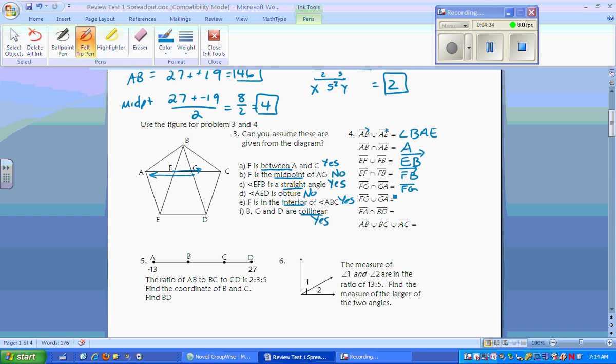If you want the union between those two, well, it looks like the whole line to me, so we're going to say AC, and that one needs the little arrows over the end because it's a line. FA, ray FA, intersecting line BD over here. Are they intersecting? The answer is no solution.